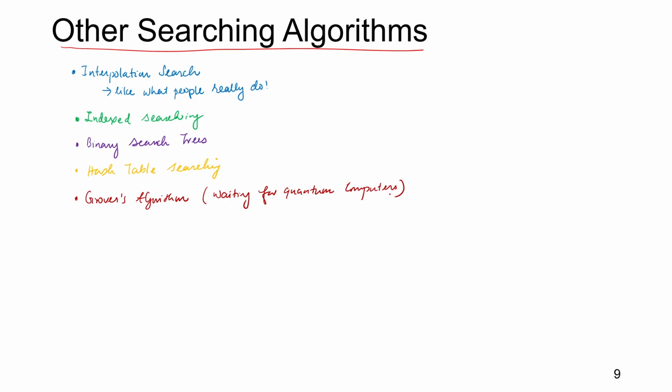Then we have best first, and we also have A star as well. These are some of them, and the list continues. Some of these searches we will discuss in the coming class.